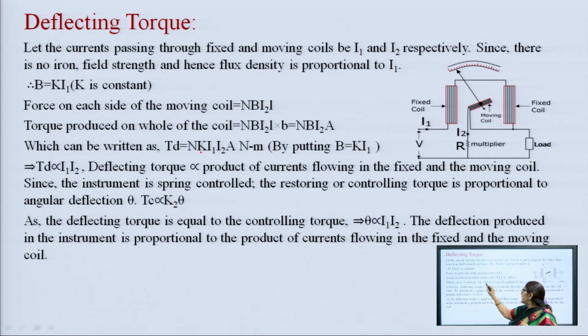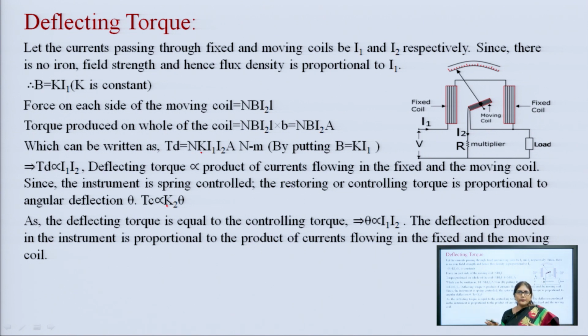Here N, K and A are constant quantities, and so TD is proportional to I1 into I2. This is the deflecting torque, and that deflecting torque is balanced by the control torque. The controlling torque is provided by the spring here. So, Tc is equal to K2 theta, where theta is the angular deflection and K2 is the spring constant.